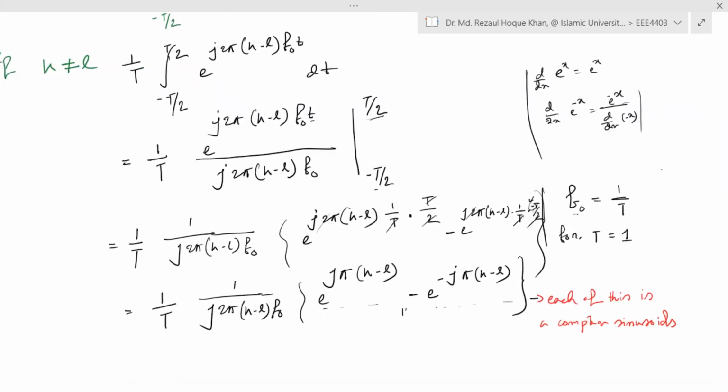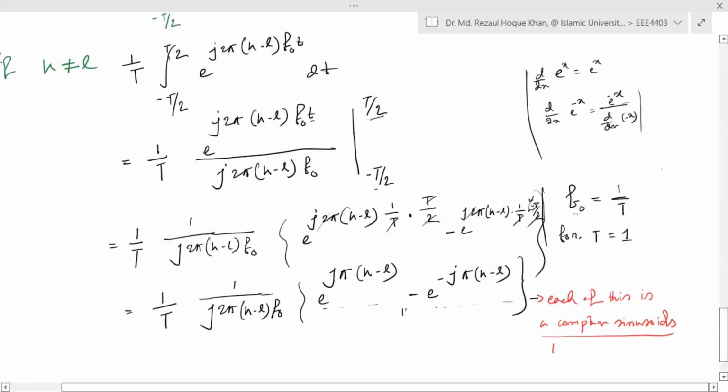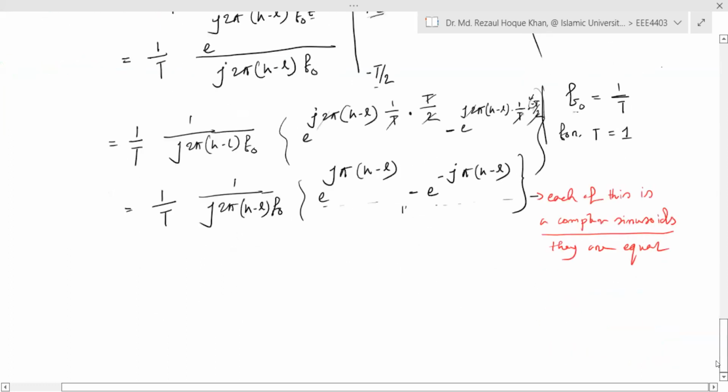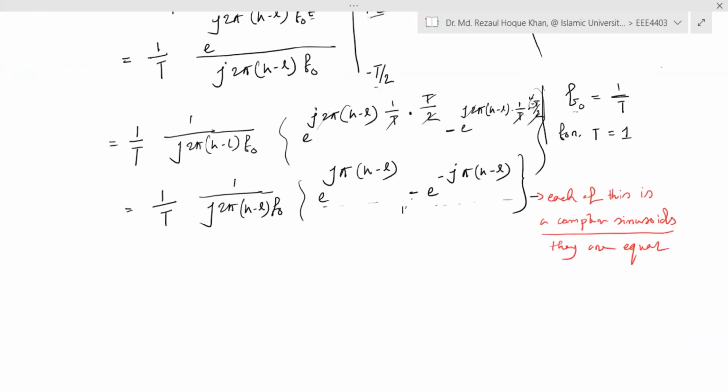They are equal, but with opposite phase. You see, this is E with a minus j, so they have opposite phase. So actually, the phase difference of these two is nothing but pi (k minus l).